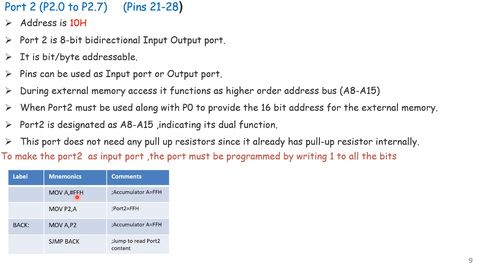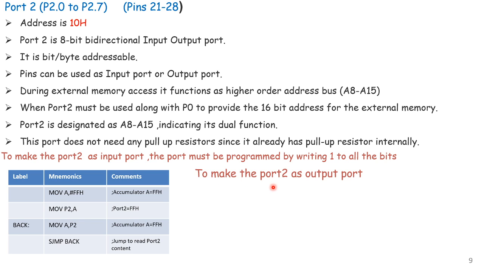First the accumulator content will be FF, that data will be moved to port 2, and port 2's data is read by using this instruction. So this instruction makes port 2 work as an input port. The content of P2 is moved to the accumulator, that is a CPU register of the 8051 microcontroller.